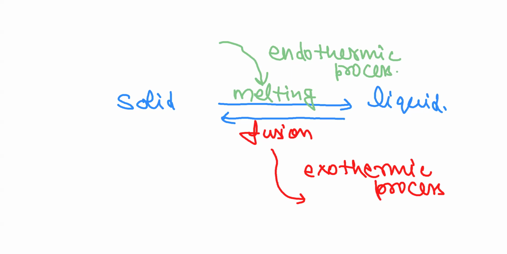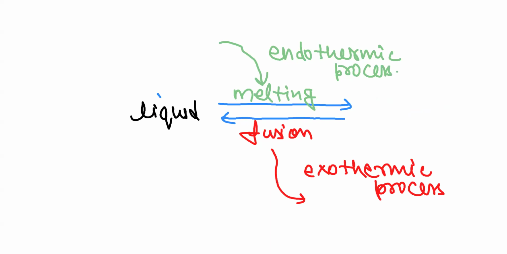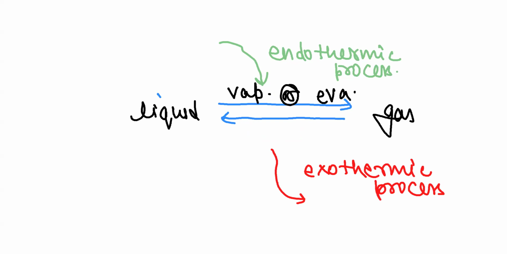Same thing we repeat for liquid to gas. This is vaporization. Here we use two words: sometimes vaporization and sometimes evaporation. We can discuss the difference just after completing this. This is again an endothermic process, and gas to liquid is known as condensation. Very good.